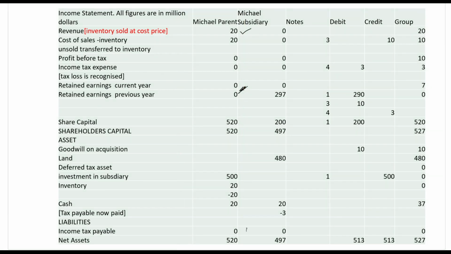There won't be any income tax payable, there won't be any income tax expense, and Michael would be receiving cash of 20 million because of the sale. And here the inventory is the inventory that was transferred from the balance sheet to cost of sales right at the beginning of the year for sale.